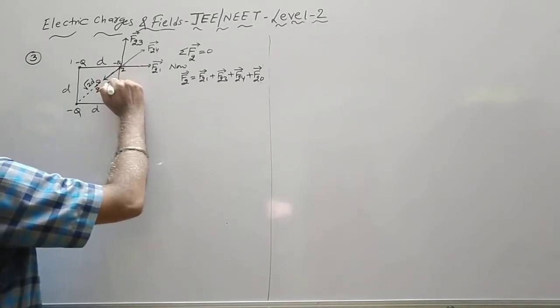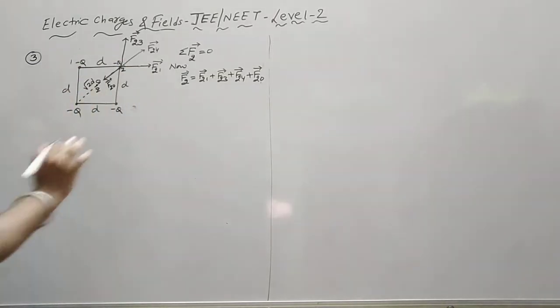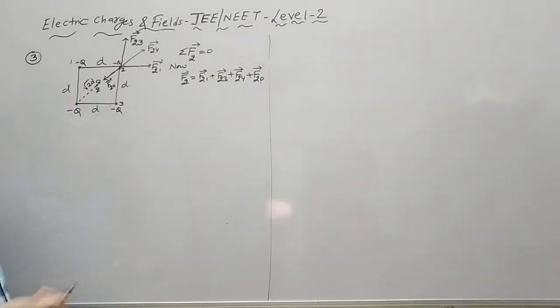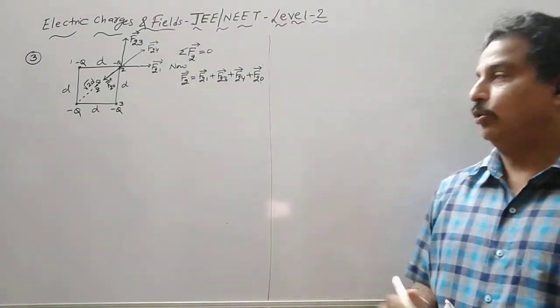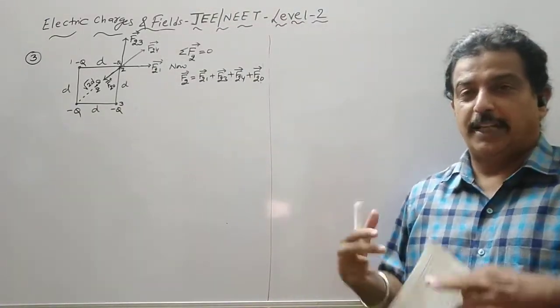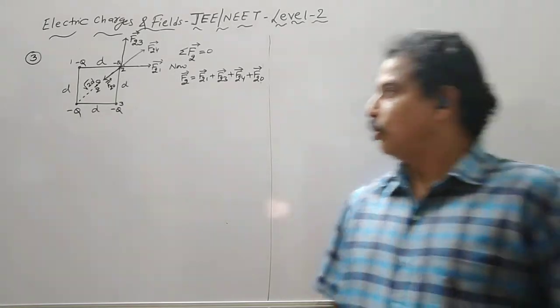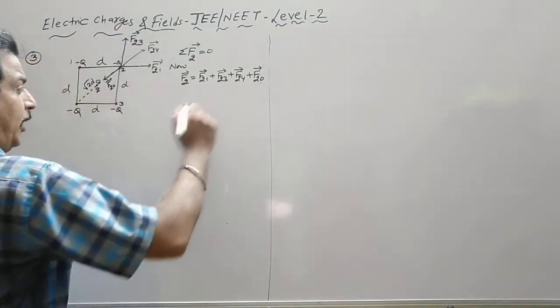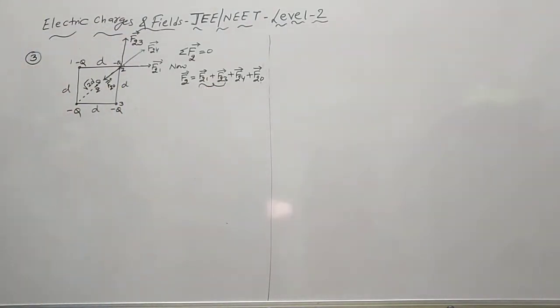So F2 naught, that is F20. Now you have to simply apply the superposition principle. We will find out the resultant of 2 forces at a time. So clearly, first we find out the resultant of F21 and F23. They are perpendicular to each other, so the angle between them is 90.